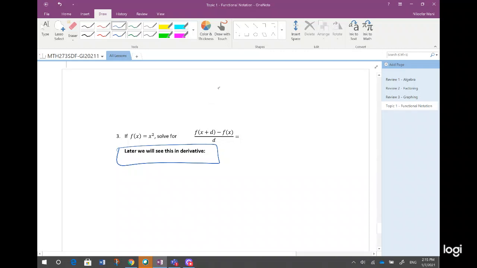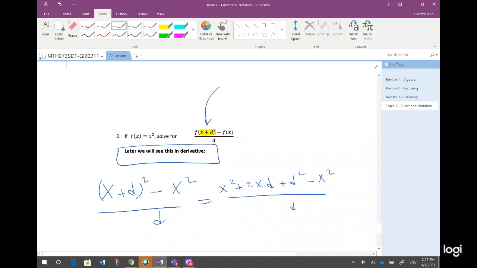Look at this. X plus d is for x, so you substitute x plus d instead of x. So it is x plus d squared minus x squared, divided by d, which is x squared plus 2xd plus d squared minus x squared, over d.